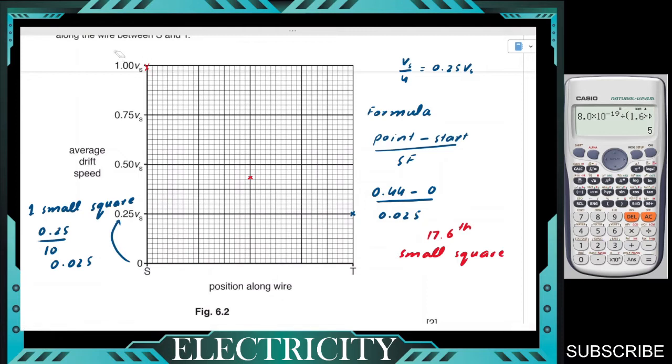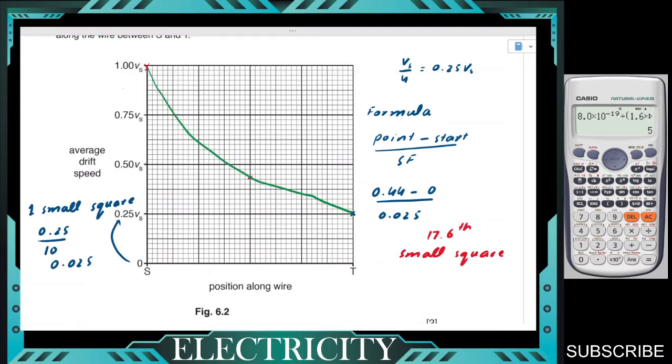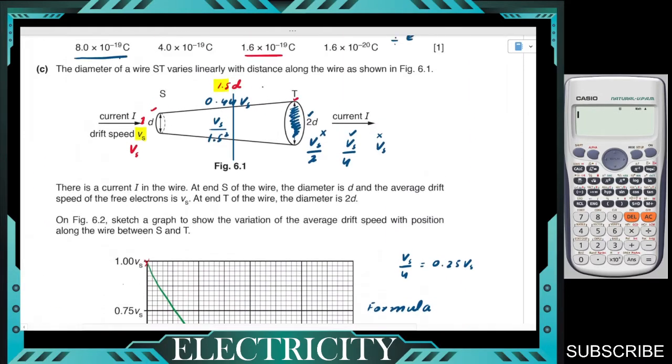I may not be able to join this properly, so there's a little bit of bending, but it would be a smooth curve. You have to draw a smooth curve. For me it's slightly difficult to draw, but when you draw it on a sheet of paper, it would be a smooth curve. Okay, so this question is done.